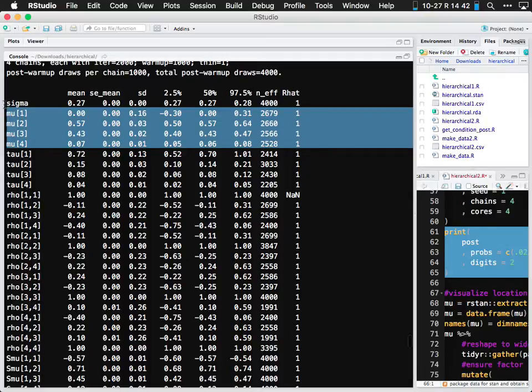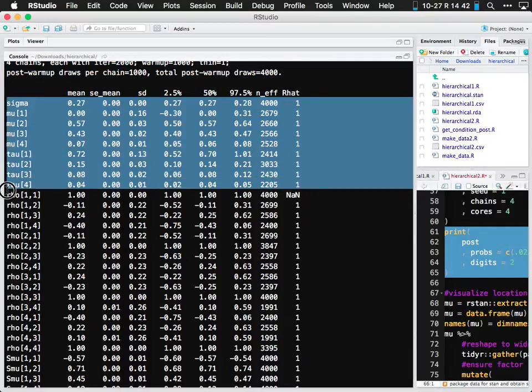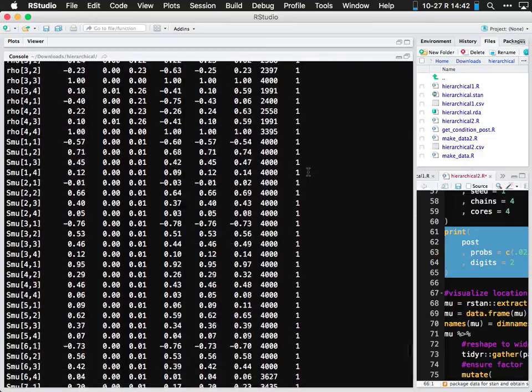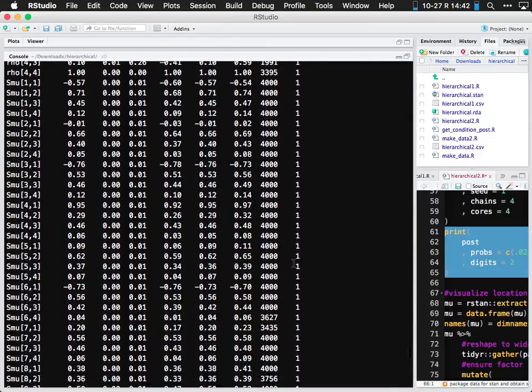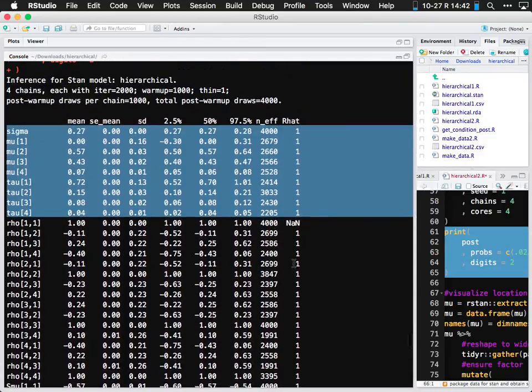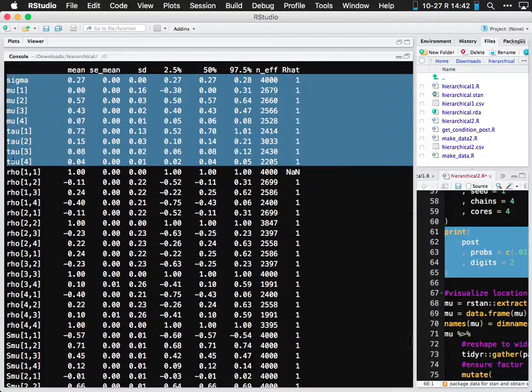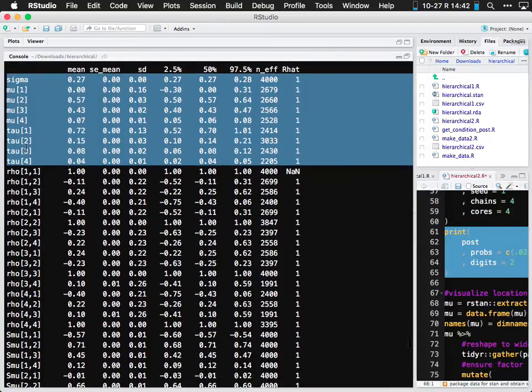Same as before, we've got sigma, mu, and tau all up above here. These are all on the standardized scale, so we could probably just ignore them. Well, first we look at our Rhats. They're all ones, and our effective sample sizes are all above 1,000, so we can look at everything inside here. We'll ignore the sigma, mu, and tau.